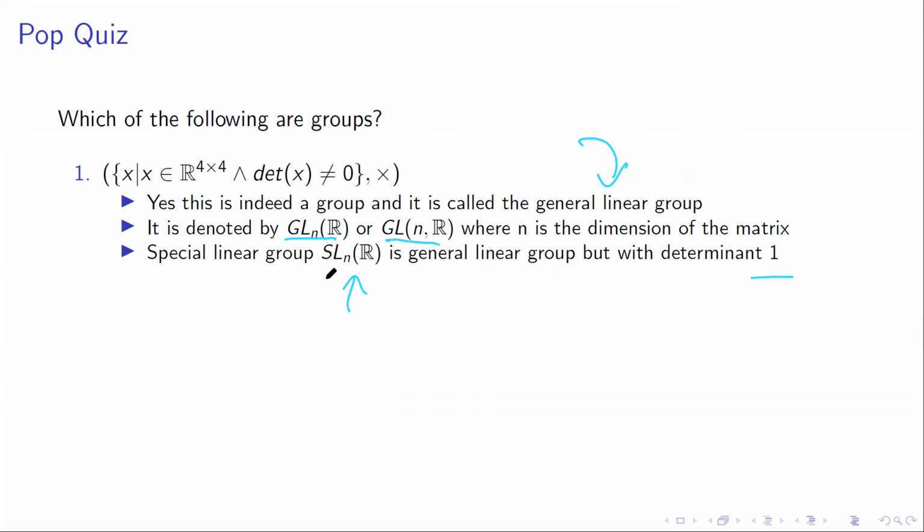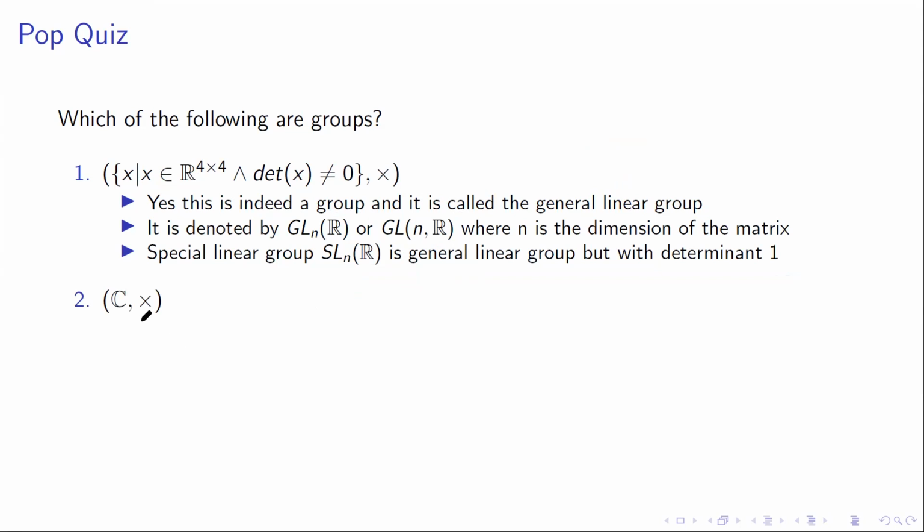This general linear group is quite useful in some parts of cryptography. One of my challenges was actually based on this general linear group, but I met a little bit of a problem and could not finish it on time. So this group is very interesting.